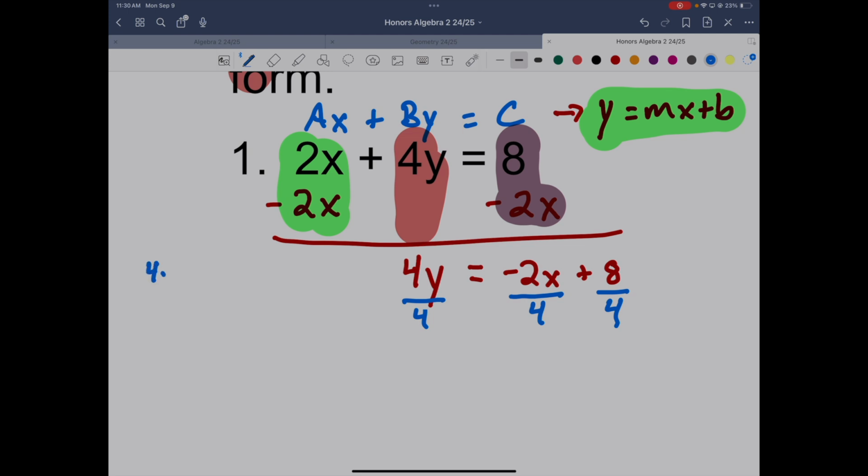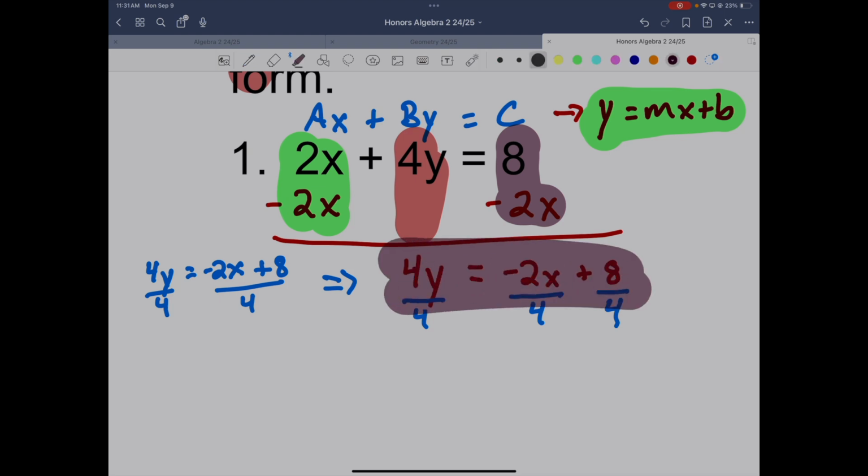You will see it written sometimes as negative 2x plus 8, and they'll divide by 4, and they'll divide by 4. These two things mean the same exact thing. Problem is when it's written this first way, people forget to divide everything. These mean the same thing, but I would caution you, write it this way.